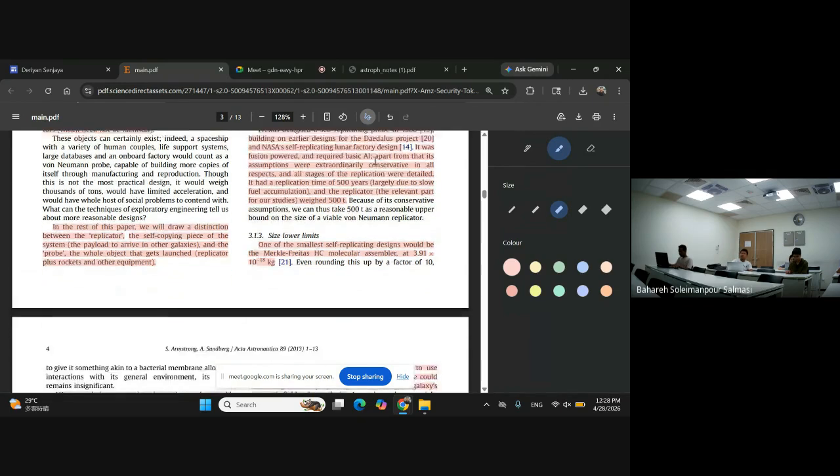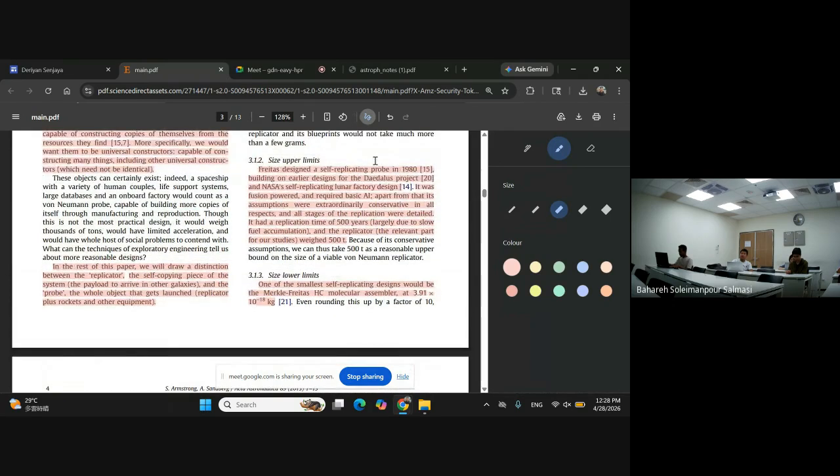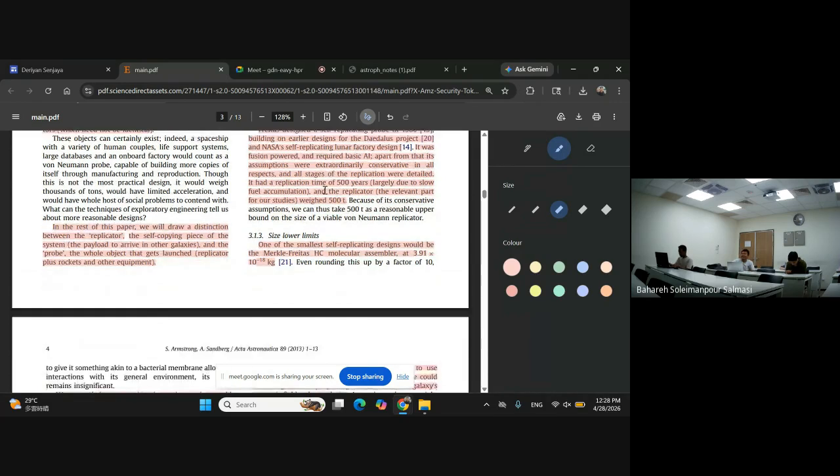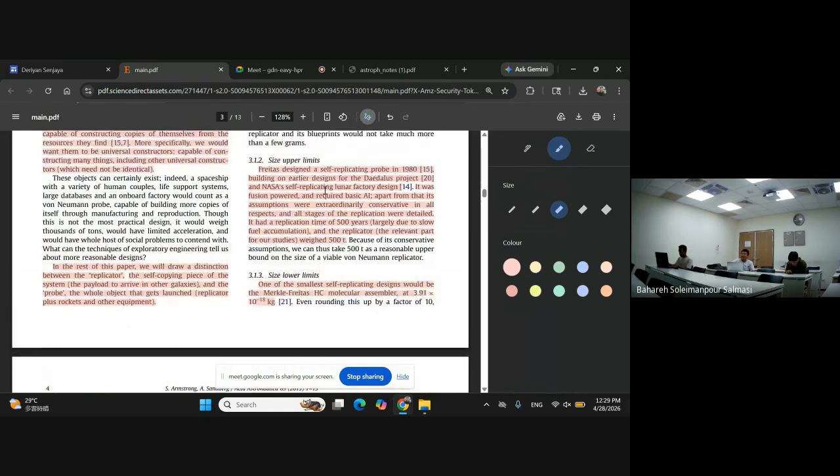So I'm also curious, this is claimed to be NASA's self-replicating lunar factory design. I think NASA also loves aliens, but they try not to admit it. And then the upper limit is 500 tons in weight.